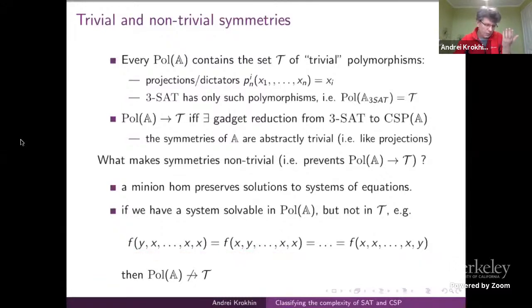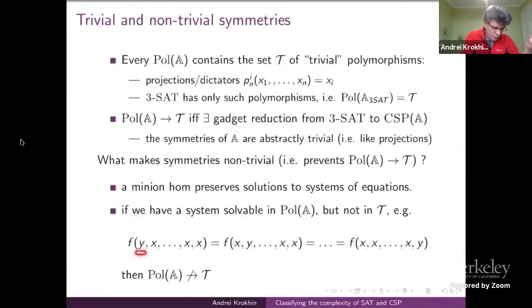Can this system of equations be satisfied in projections? So the question is, can we find a projection P which we can substitute for f and get equalities everywhere? Now, if P is the projection of the first variable, can it be the solution?